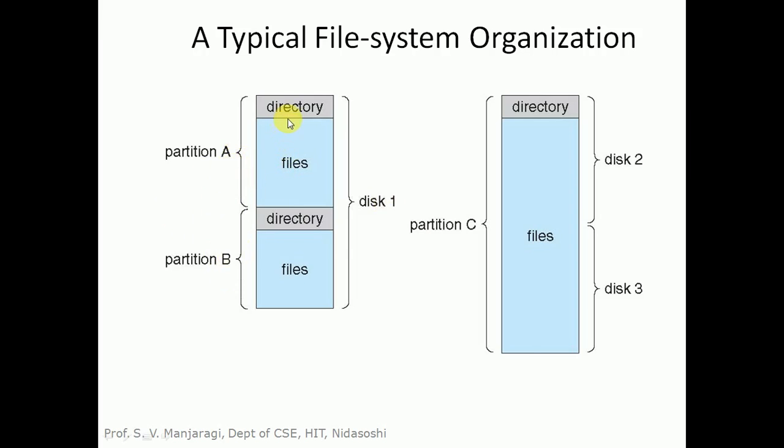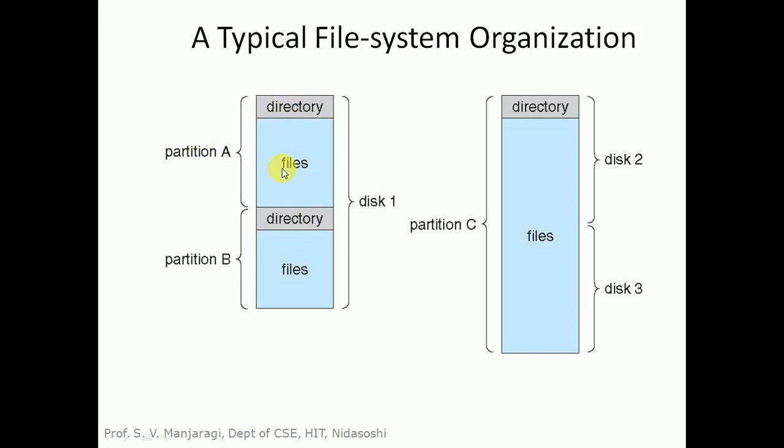There is something called a directory or directory folder. This directory maintains the index of the different files stored in this particular partition. Partition A has a set of files, and the information of these files will be stored in the directory along with the index.